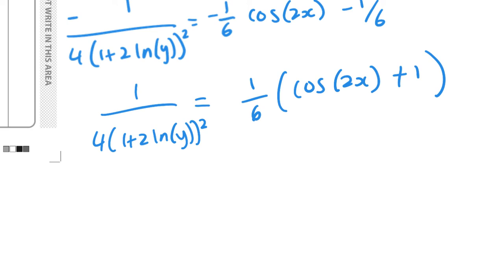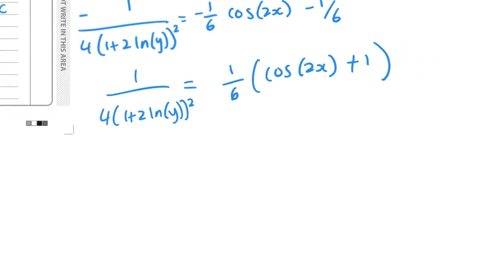Okay, I'm now going to cross multiply because I want to try and get y equals, right? So this is what I'm going to do. I'm going to multiply both sides by 6. Happy? Multiply both sides by 1 plus 2 ln y all squared.